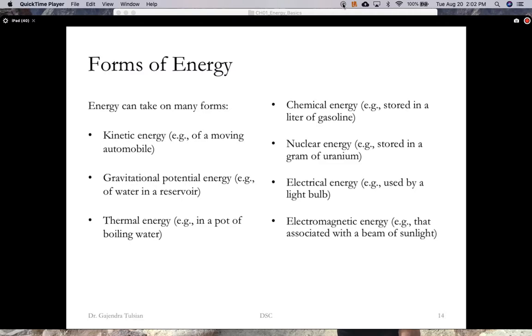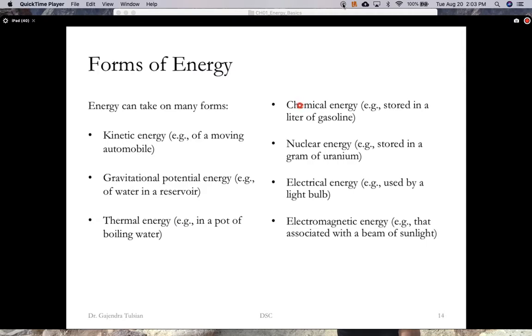So there are various forms of energy. There's kinetic energy, gravitational potential energy, thermal energy, chemical energy, nuclear energy, and electrical energy, which is the most convenient. You already saw ways of converting nuclear energy to electrical energy and chemical energy to electrical energy.